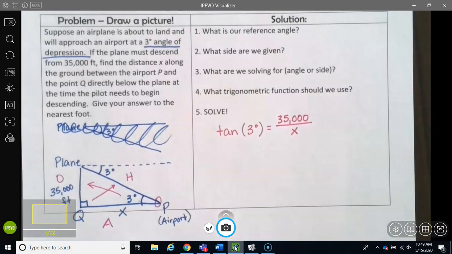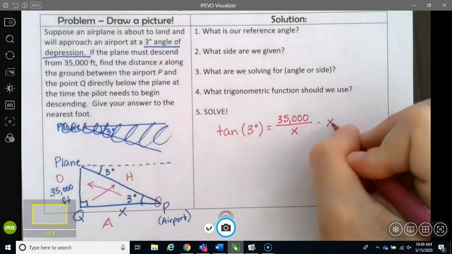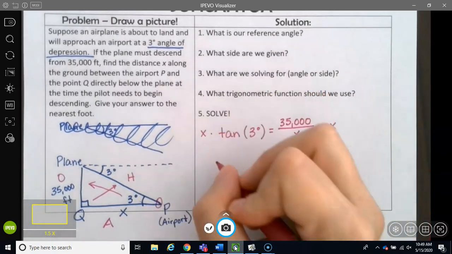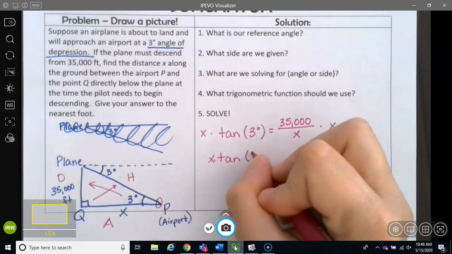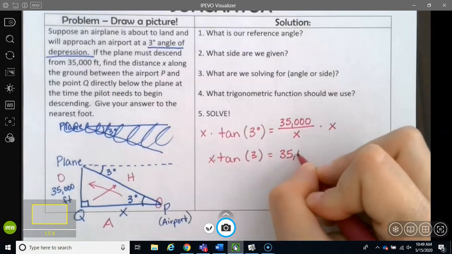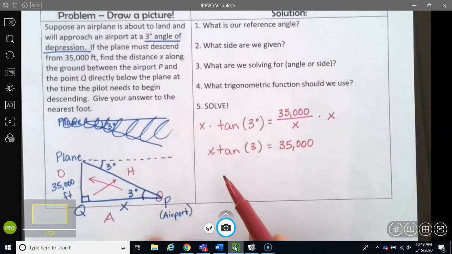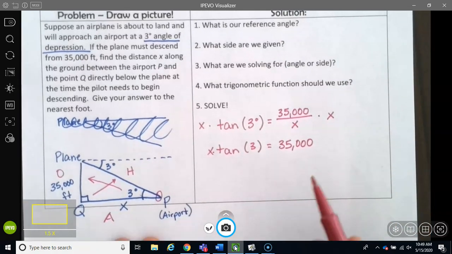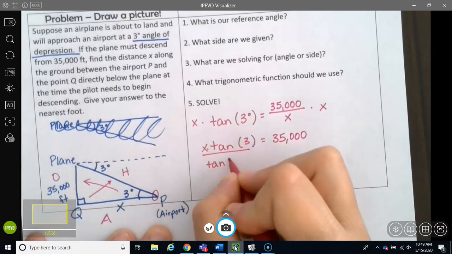And once you set that up, it's all about just getting that variable by itself. So we need to get it out of the denominator by multiplying both sides by x. By multiplying both sides by x, we got it out of the denominator, but it's still not quite by itself. Since it's x times tangent of 3, we need to divide both sides by tangent of 3.